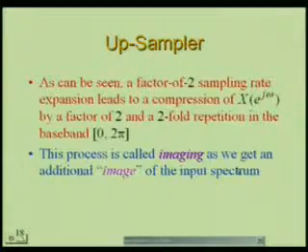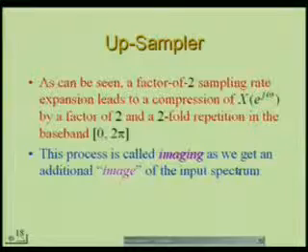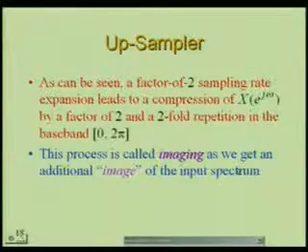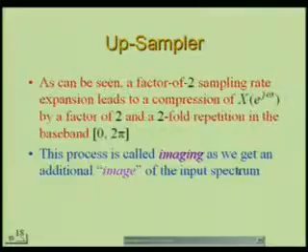This particular word imaging is otherwise also used in image processing literature, but things are completely different. In image processing literature, the meaning of this word imaging is different. In DSP, the word imaging is used to explain this particular phenomenon.